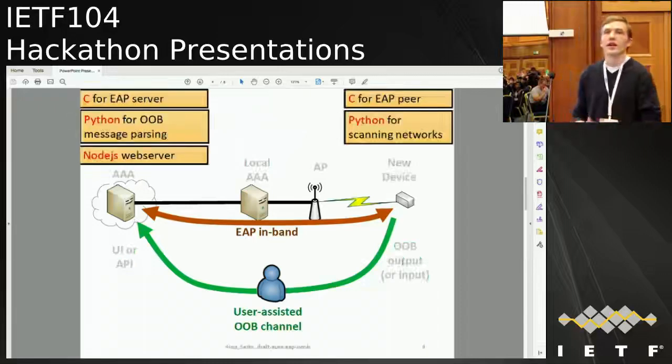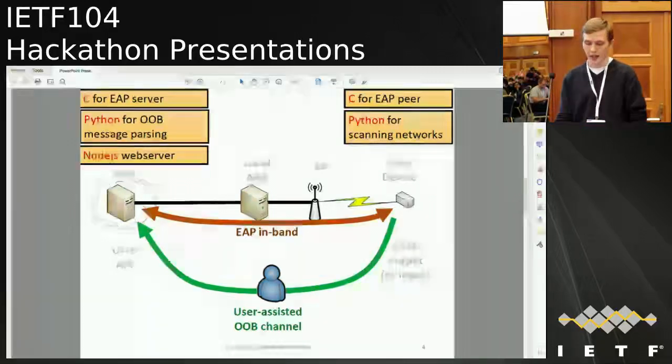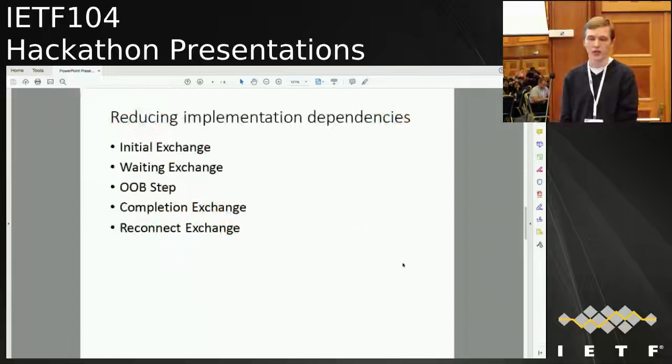There's currently an open source implementation available on GitHub, and it is a nice mixture of C code, Python, and Node.js on the server side, and C and Python on the client side. One of our main goals for this hackathon was to fork this project and create a version that reduces implementation dependencies and have it running as easily and quickly as possible.